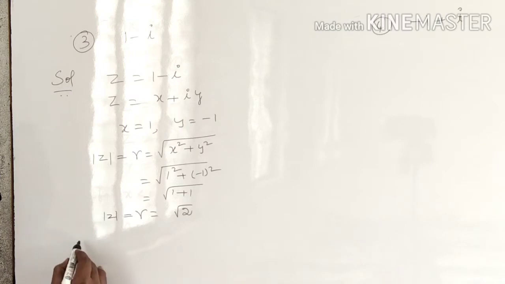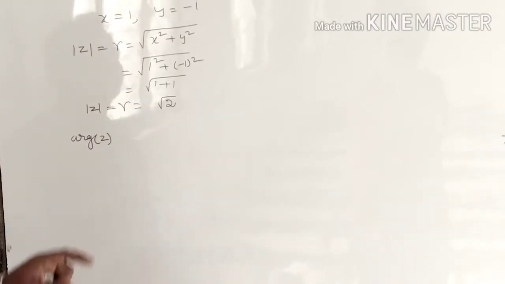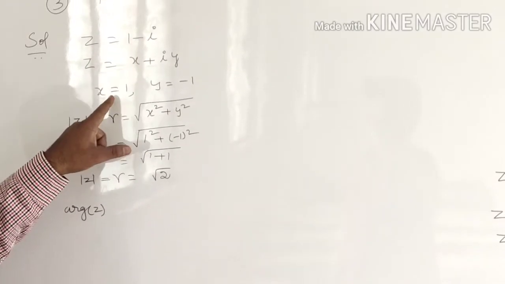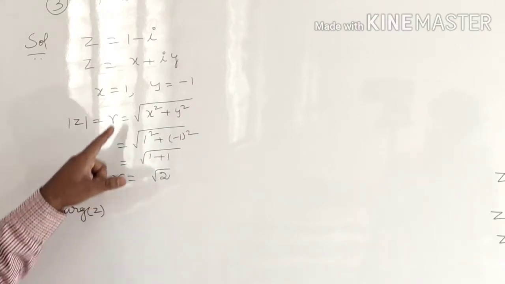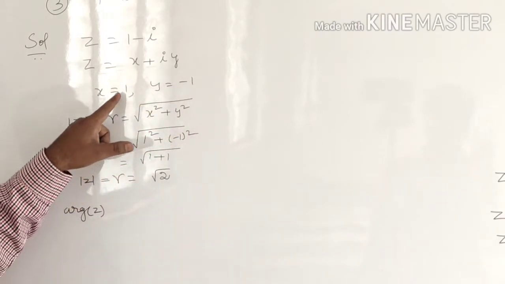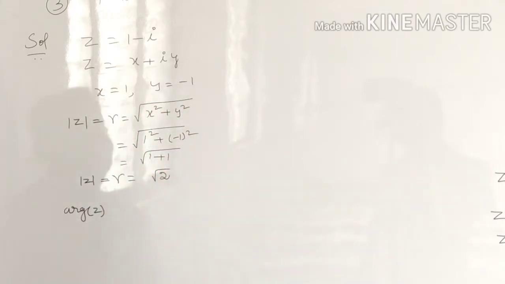Next, we need to calculate the argument of z. Before that, you have to see that this x value is 1 and y value is minus 1, so in which quadrant does the argument lie? Fourth quadrant. If it is the fourth quadrant, I told you argument of z is equal to minus tan inverse y by x, because it is minus theta.